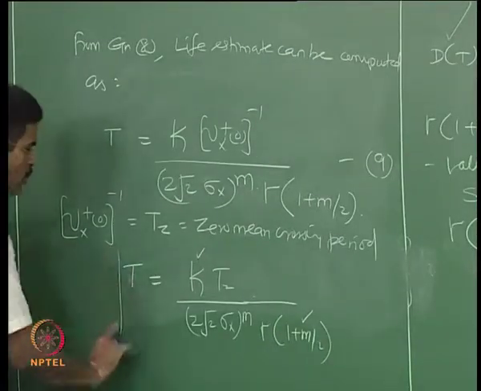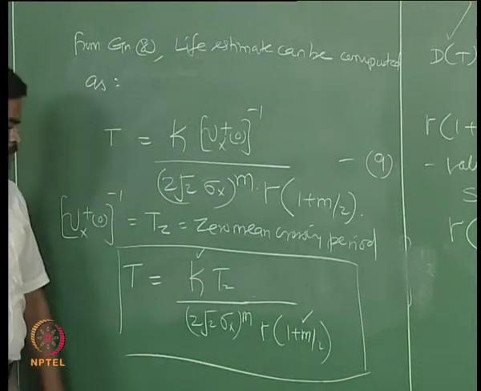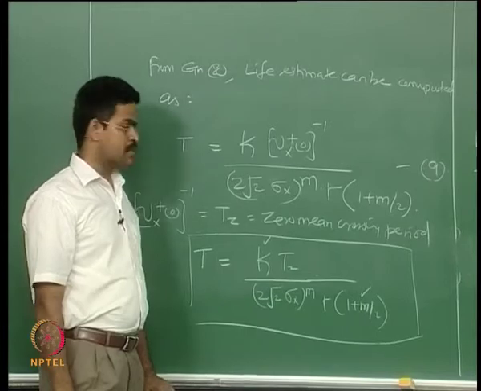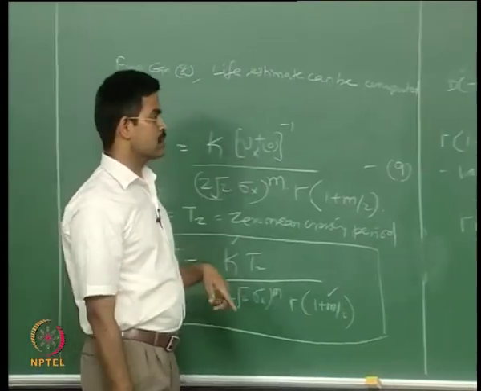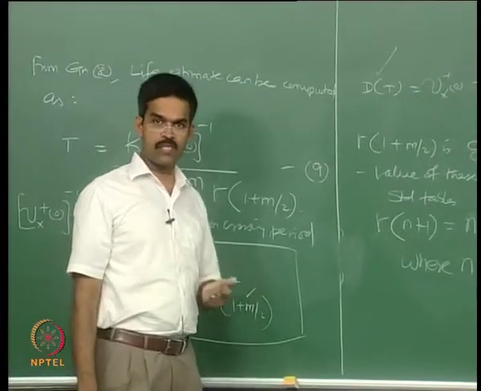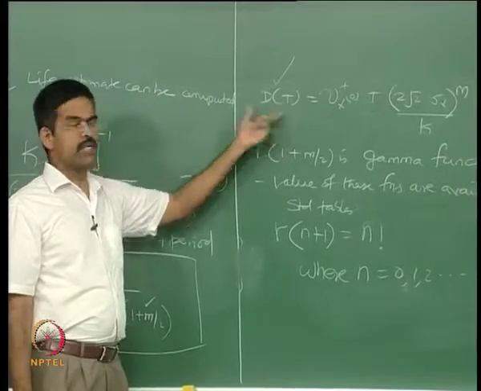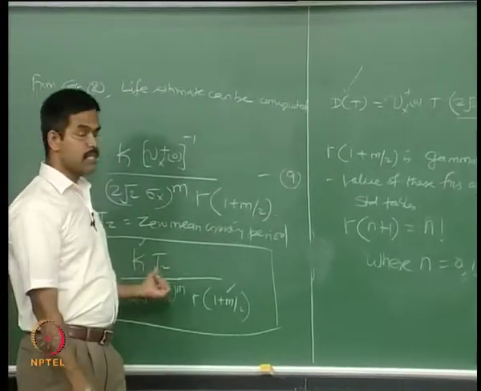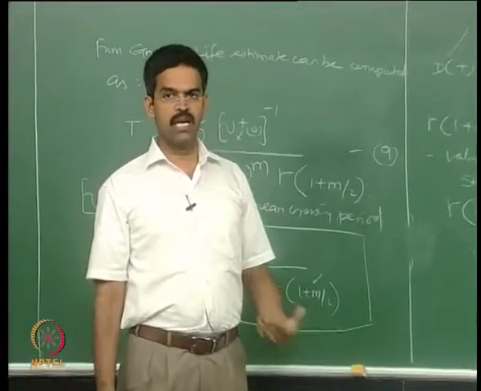So, this is how one can estimate the life of a given system subjected to accumulated damage caused by exceedance of stresses or stress cycles, which we call fatigue damage. This is the uncertainty we were talking about in the last lecture.